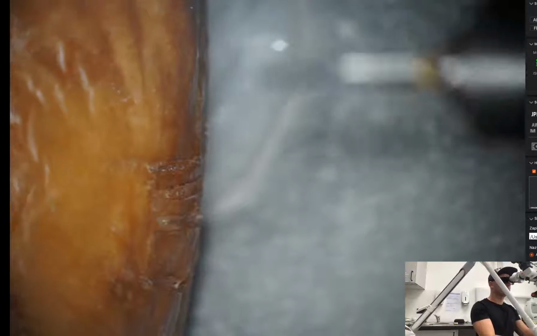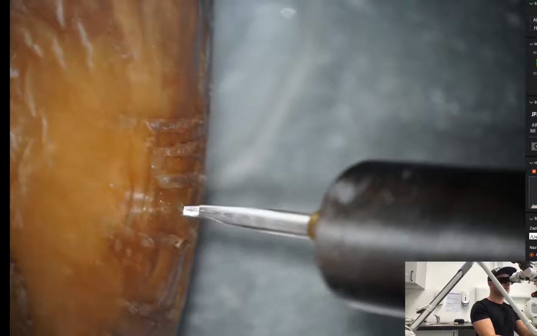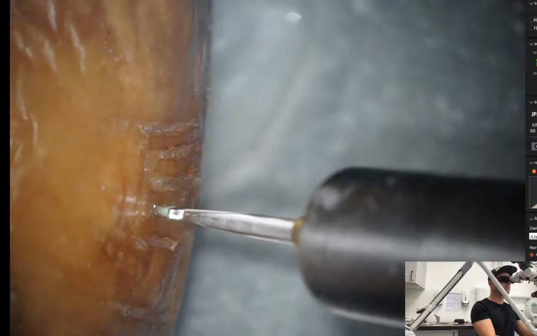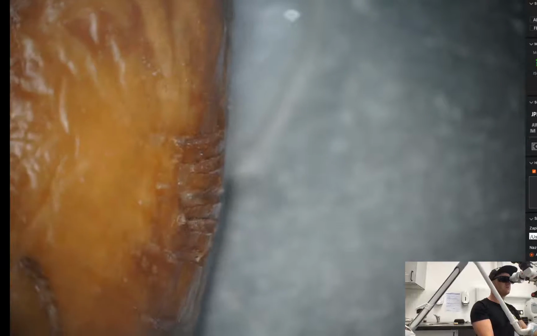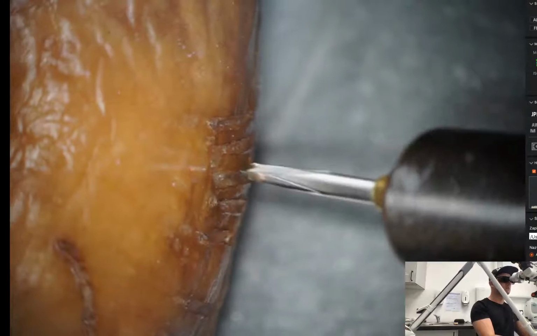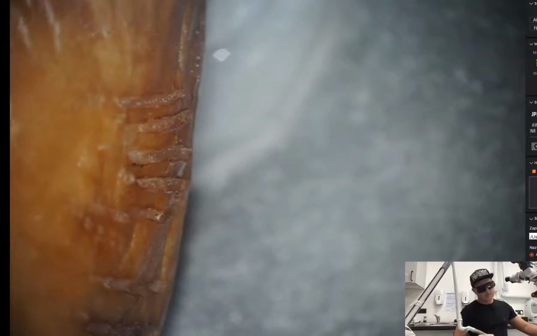Okay. And we start to cut. It is deeper, but not as deep as 20 Hz with 50 microseconds.